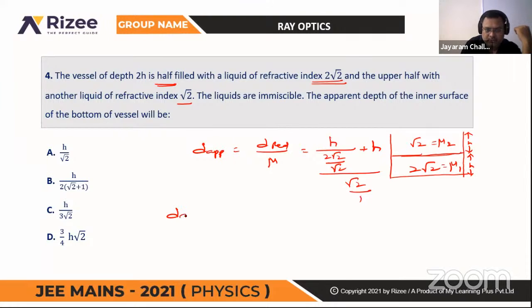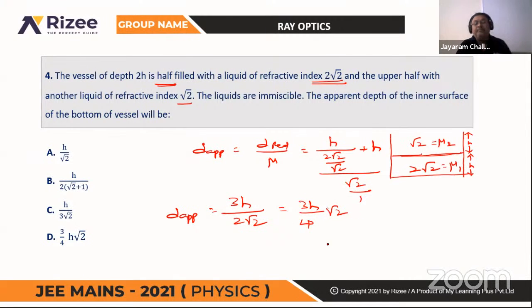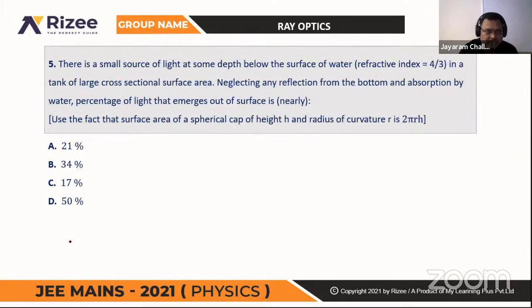This comes out to be d apparent equal to, obviously, 3h by 2 root 2. Or the same thing, if I want to write it as 3h by 4 into root 2 times. Okay. Because I'm just converting the given information according to the option, please.